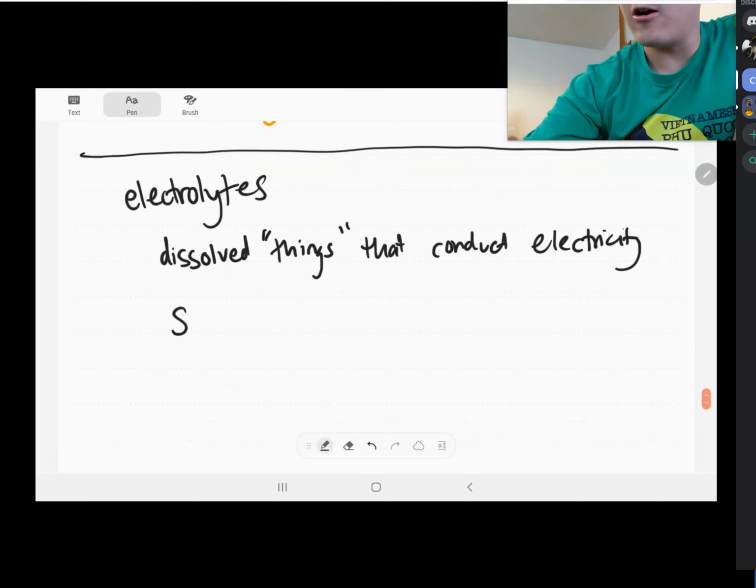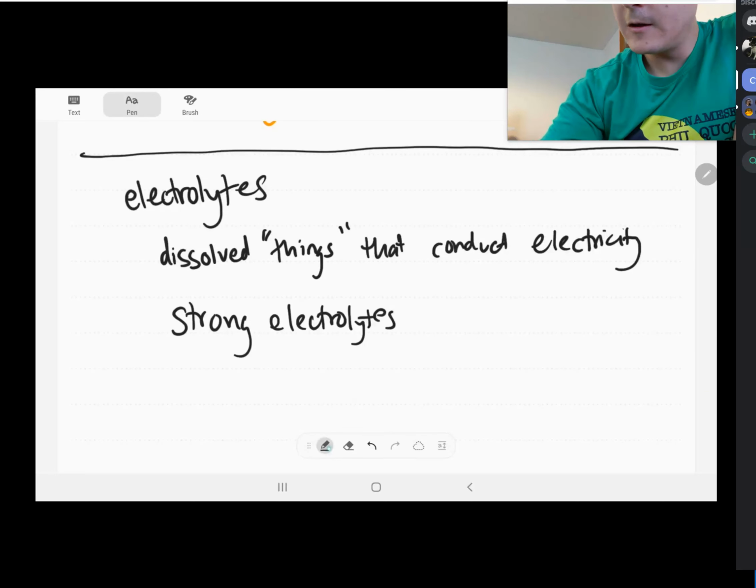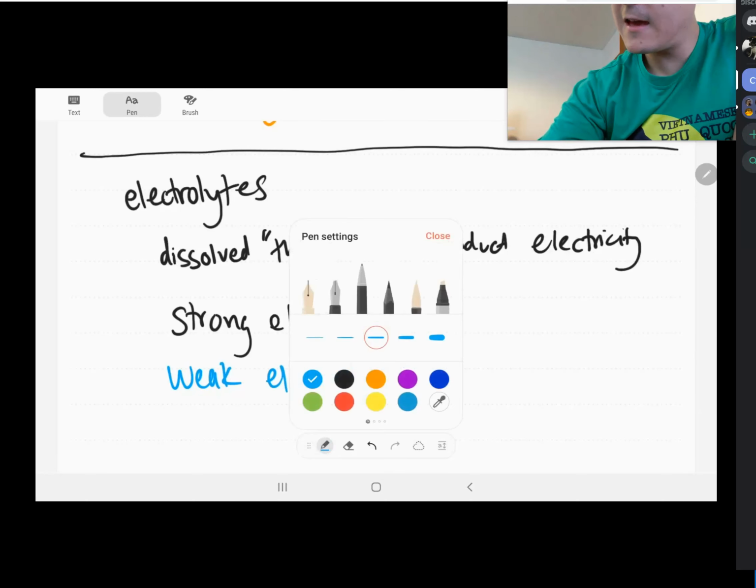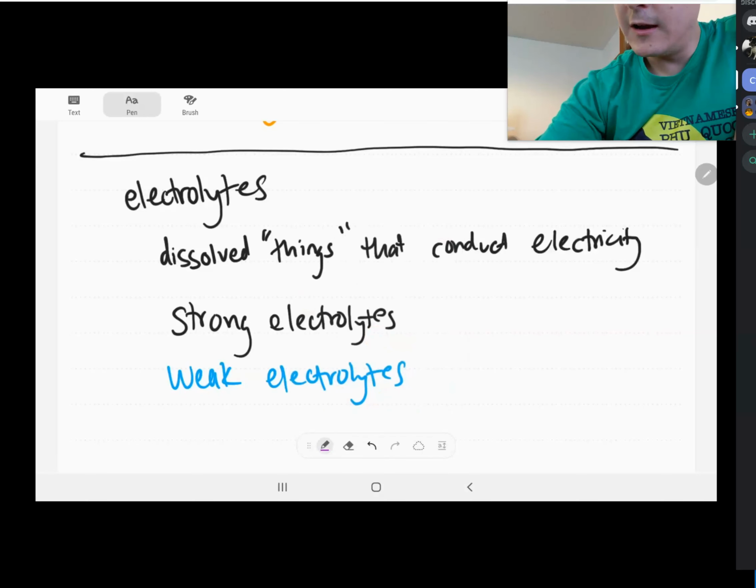We have strong electrolytes. We have weak electrolytes. And we're going to have non-electrolytes.